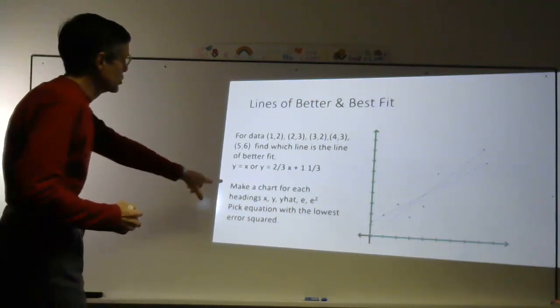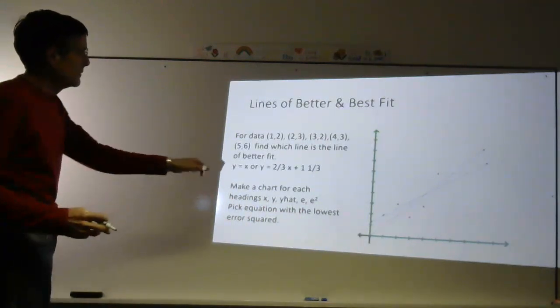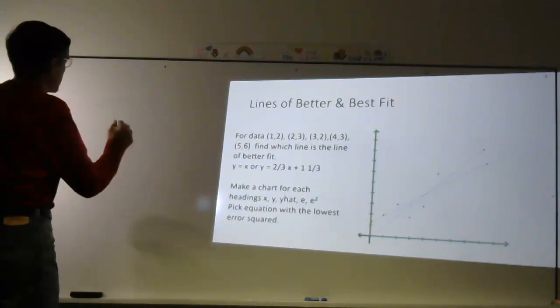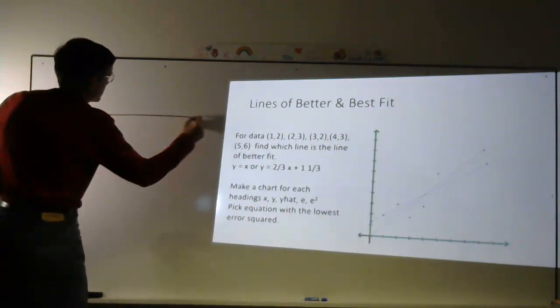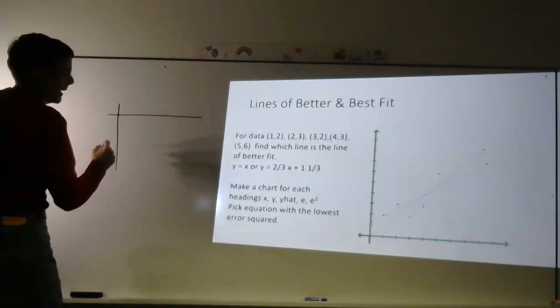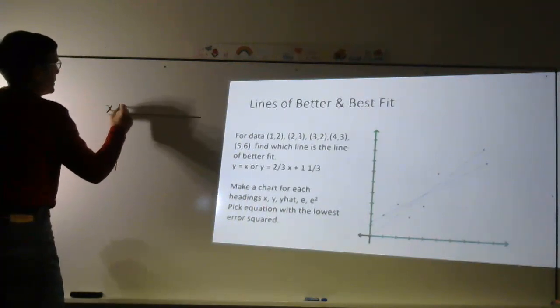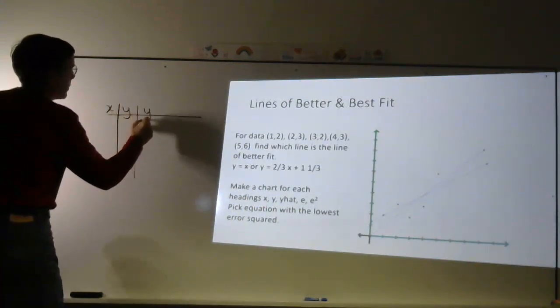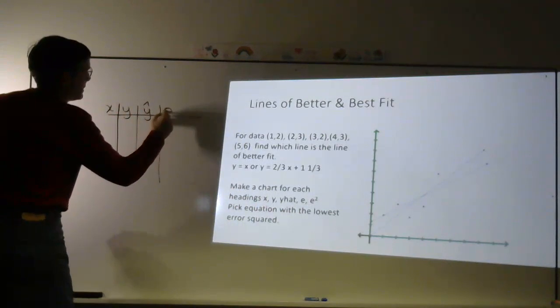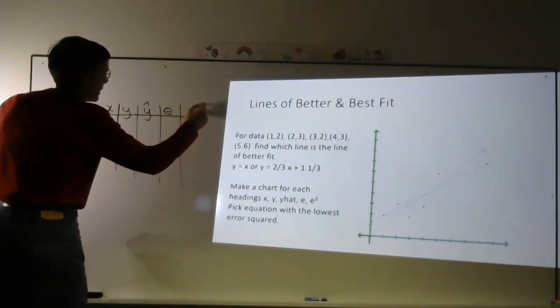So you make a chart with headings of x, y, y hat, e, and e squared. Let's do that.